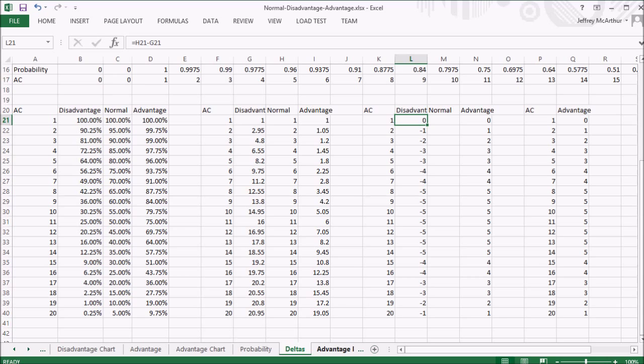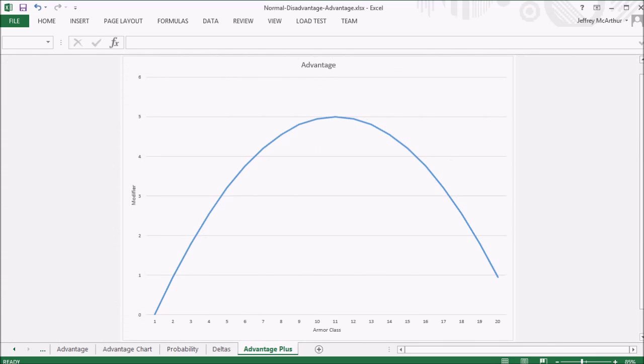If we plot this way, this gives us the chart of how it affects it. If the creature you're trying to hit has armor class 10, if you have advantage, that's basically equivalent to adding +5 to your die. If it's disadvantage, that's equivalent to subtracting 5 from your die.